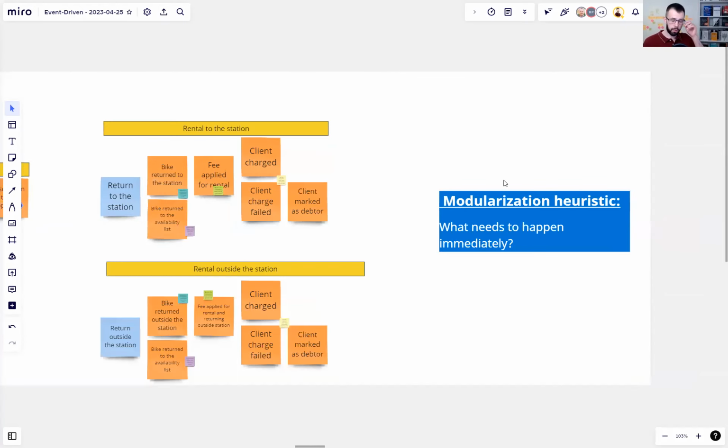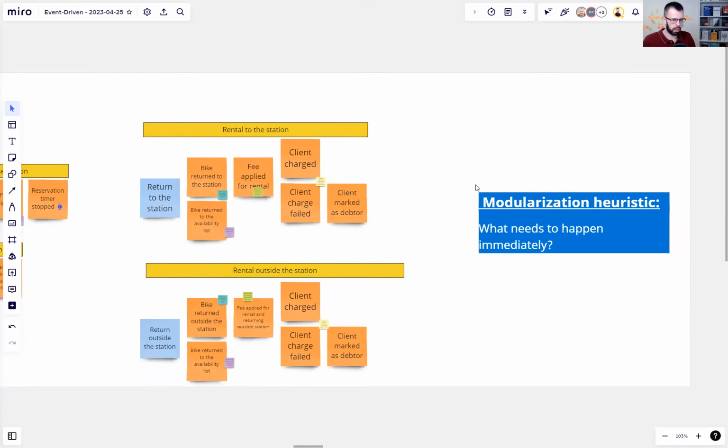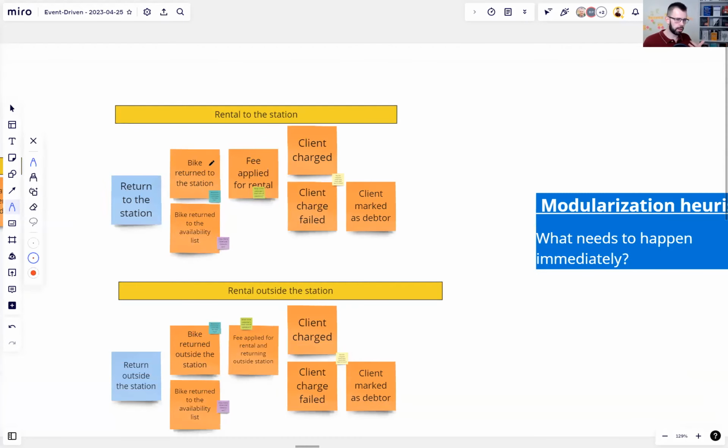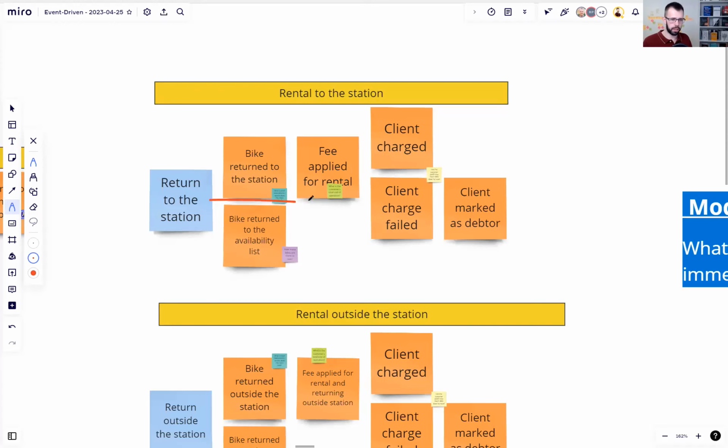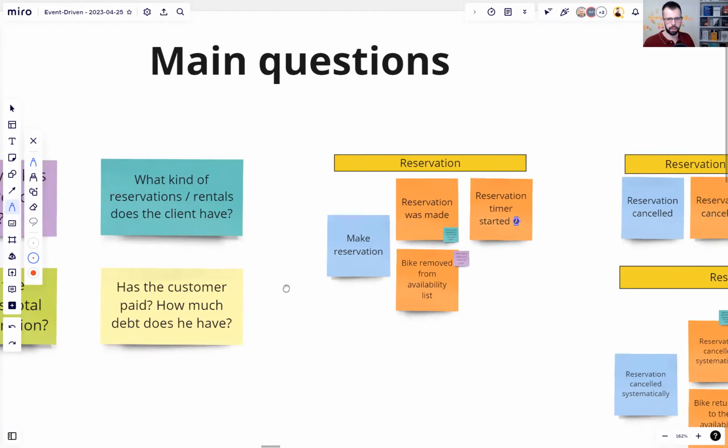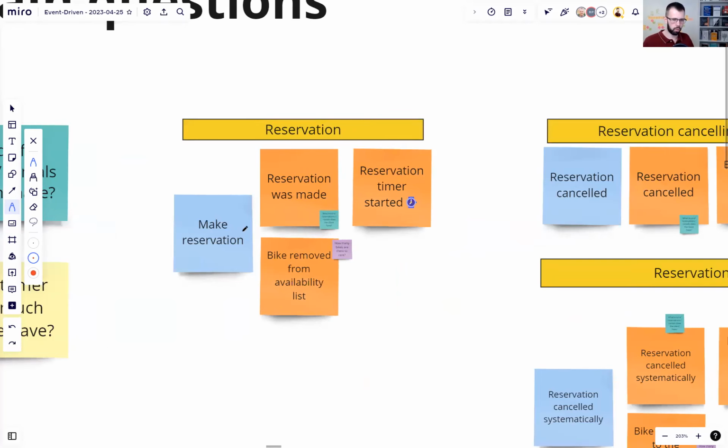Okay, so we can think about this. What needs to happen immediately? This is an important thing that was noticed by Houston: when we split this part, we will have the reservation was made, but not the bike removed from the availability list.